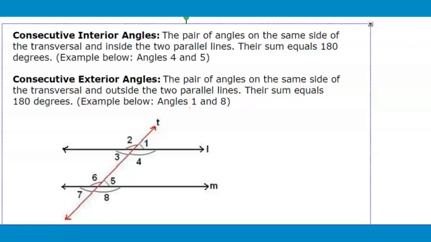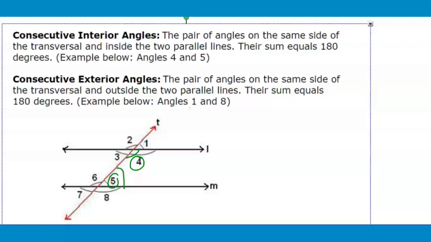All right, and we have consecutive interior angles. Consecutive interior angles meaning they are on the same side of the transversal. So I'm looking at angle 4, angle 5. They are on the same side. Now, we look at angle 4, that's an obtuse angle. Angle 5 is an acute angle. So we know that they're not equal to each other. But they will be supplemental, which means they add up to 180 degrees.